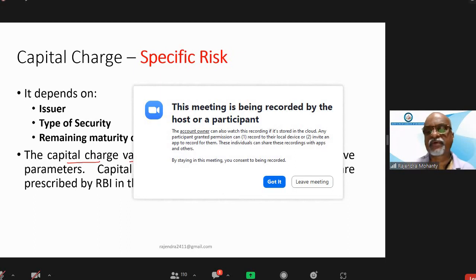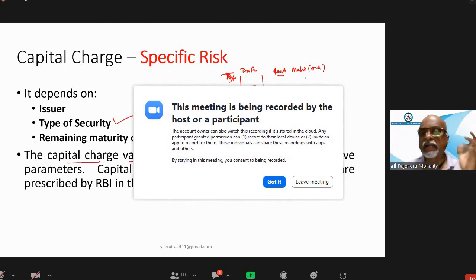And the capital charges for various investments are prescribed by RBI in their guidelines for market risk. So for each type of instrument, RBI has prescribed the type of instrument, and a time band will be there. According to that, there is a constant, which we can call modified duration or sensitivity.